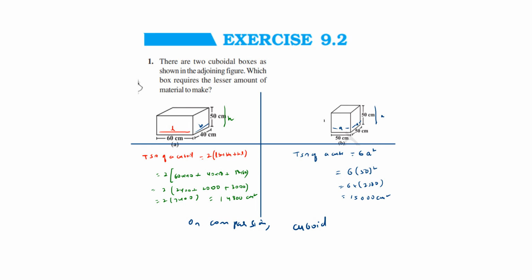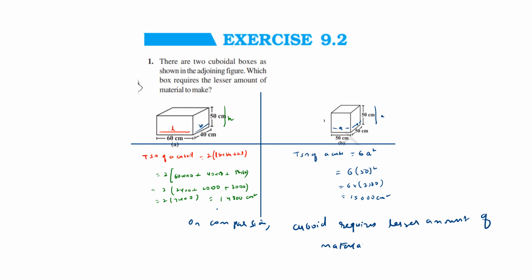Cuboid requires lesser amount of material. That one is 50 square and then 15,000 centimeters square, and it's comparing it. Yes, cuboid requires lesser amount of material to make.